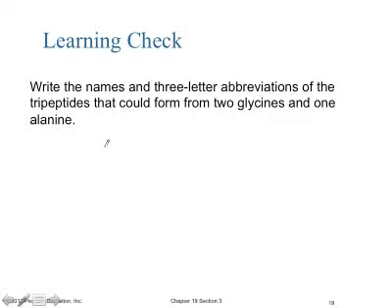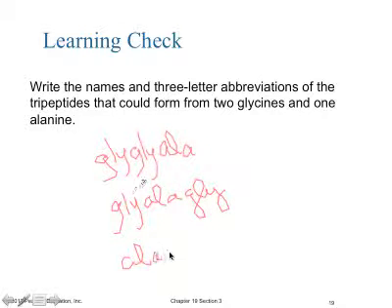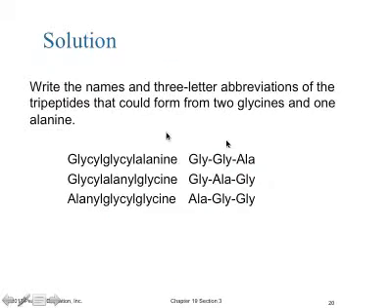We could do Gly, Gly, Ala. That'd be one. We could put the glycines on the ends: Gly, Ala, Gly. Or we could do the Ala first, followed by the two Glys. And that would be the three different tripeptides that can be formed from those three amino acids.